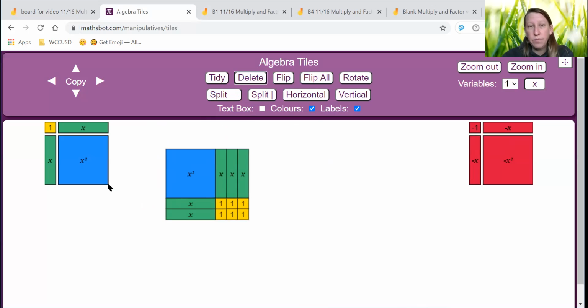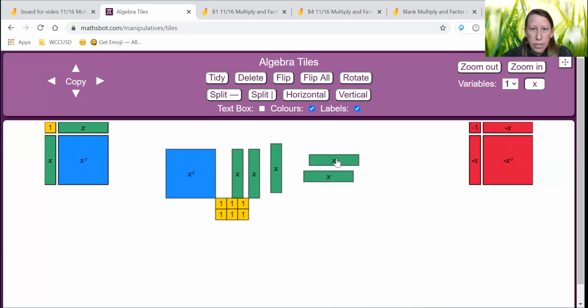This was the answer. So what do I have? I have an x squared, I have a bunch of x's, and I have 6. So what we do is we take what we had and we combine the things that are alike.